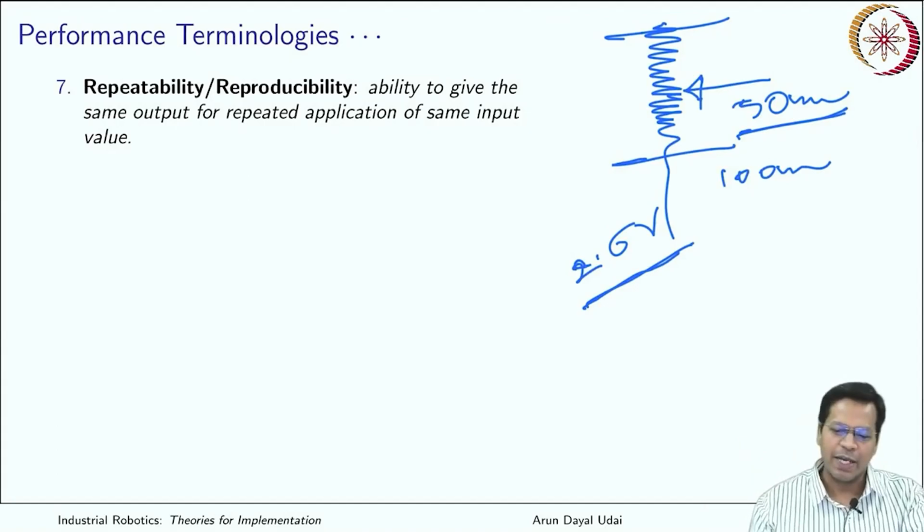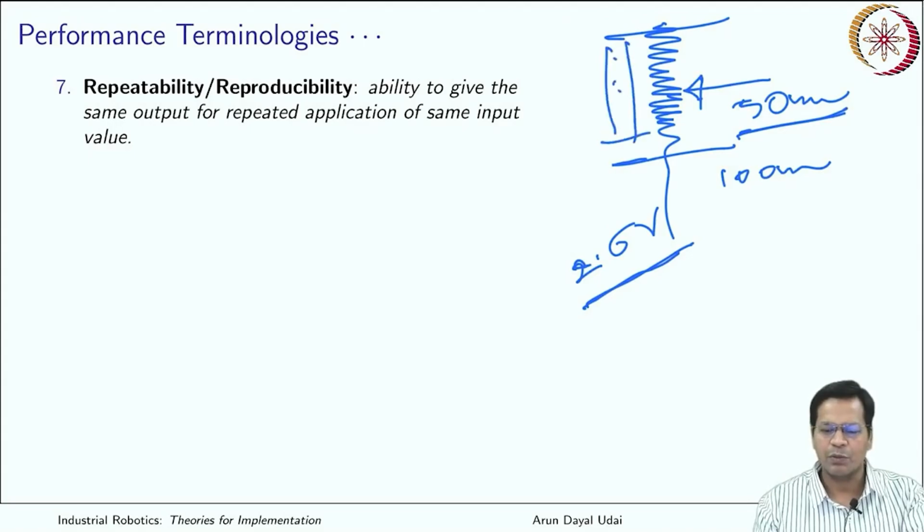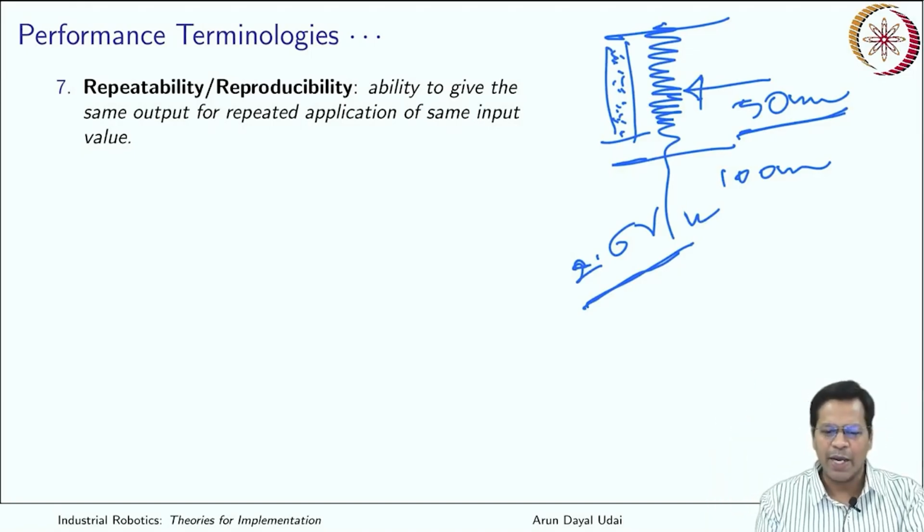Okay, but yes, over time this particular slider gets worn off. It goes bad due to dust on top of it, maybe moisture. In that case, this will not be the case. So it is not repeatable if the value is accounted for over a period of time, when things have gone bad.